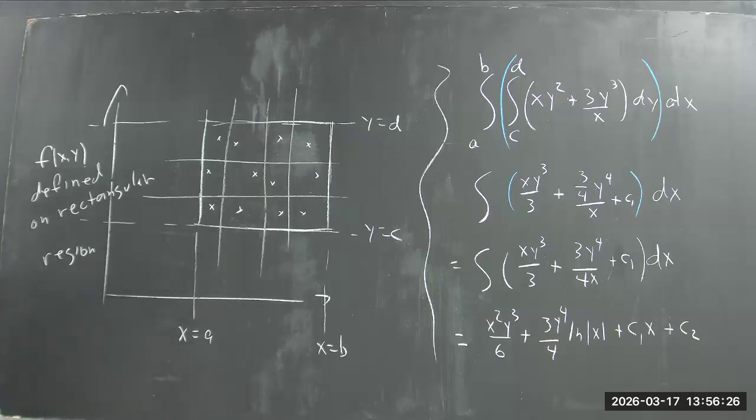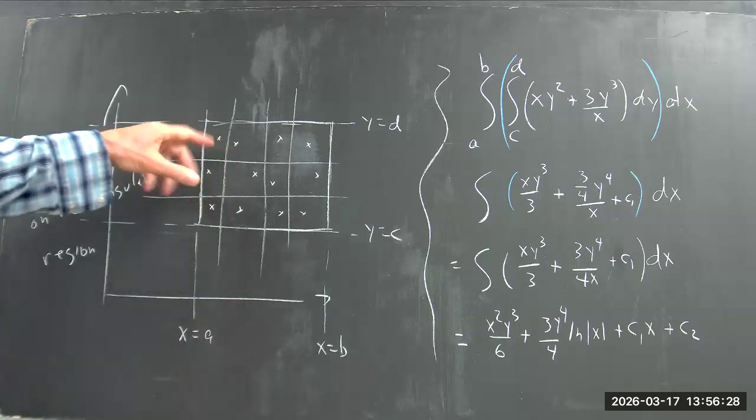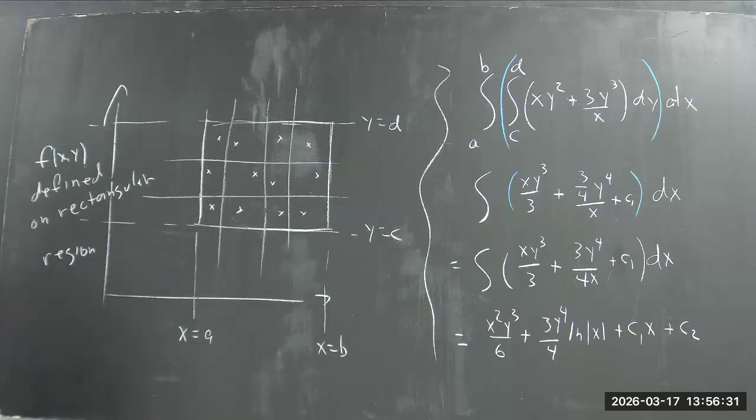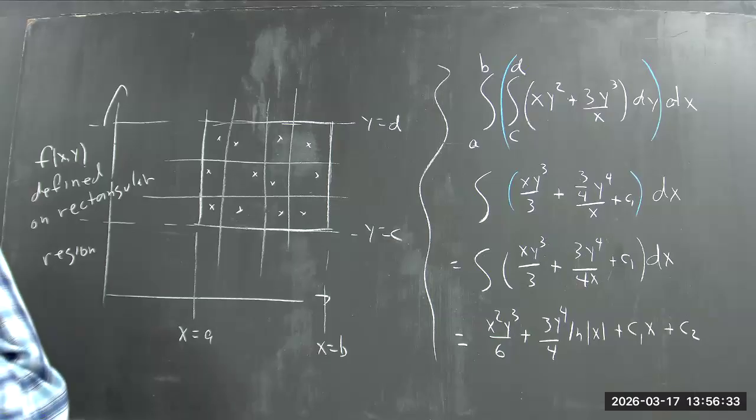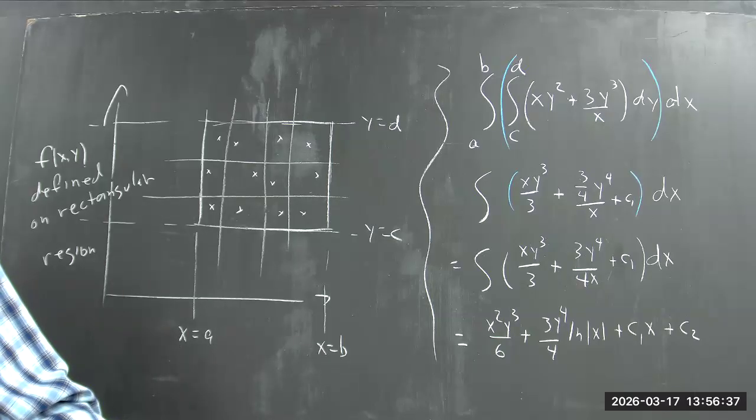Smaller and smaller squares. If I divide this up into more and more small rectangles, my result is going to be closer and closer to the actual value. Right?